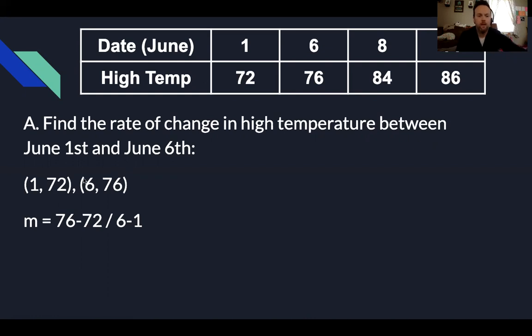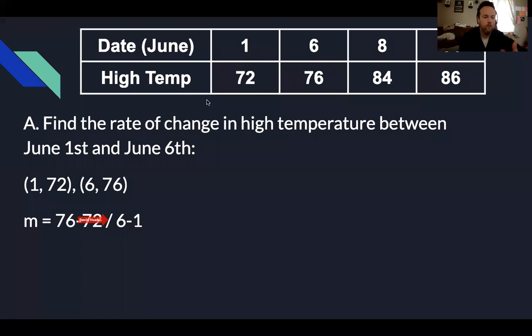So I take y2, which is, I'm going to pull out my little annotation tool here. My y2 is 76, my y1 is 72. So I subtract 76 minus 72 right here. And then my x2 is 6, my x1 is 1, so then I have 6 minus 1.